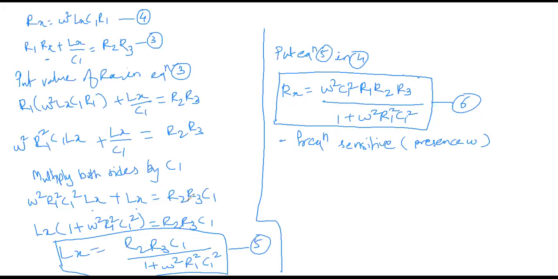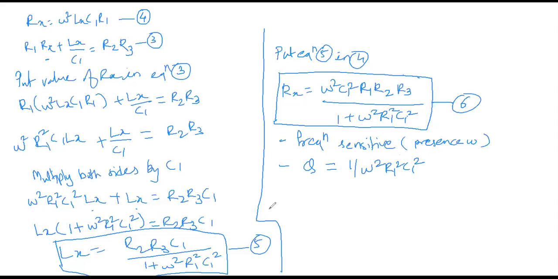As we said, the bridge is used to measure quality factor. So Q is given by one divided by omega square R1 square C1 square.